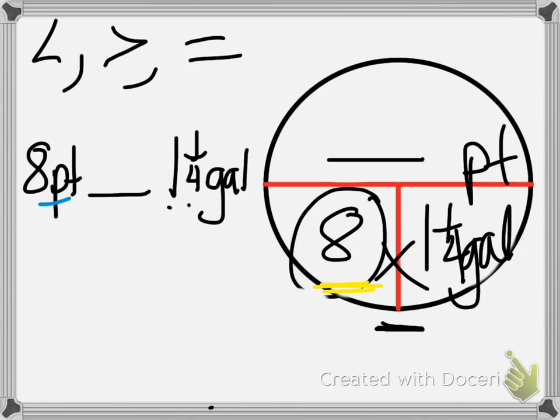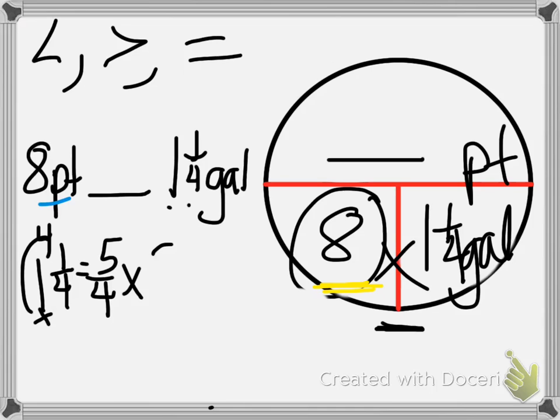So I have 1 1/4 times 8. This is a little review on how to multiply. 4 times 1, and then 4 plus 1 is going to give me 5/4. Multiply the bottom by the whole number and add it to the top. And I'm going to multiply by 8, and 8 over 1 is what I'm going to multiply by.